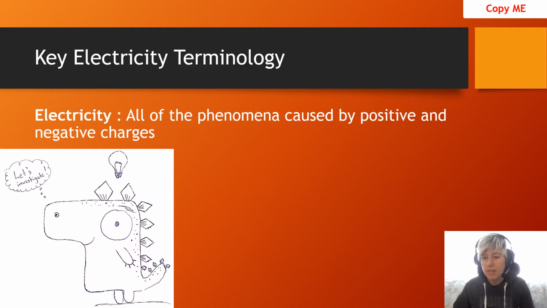And this is all related back to the atom, because we know that an atom of any material on Earth is made up of 3 subatomic particles. Neutrons have no charge, but there are 2 subatomic particles that have electric charges. One of them with a positive charge and one of them with a negative charge. And electricity has to do with the interaction between these charges.